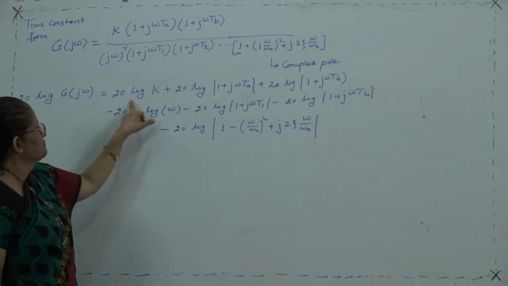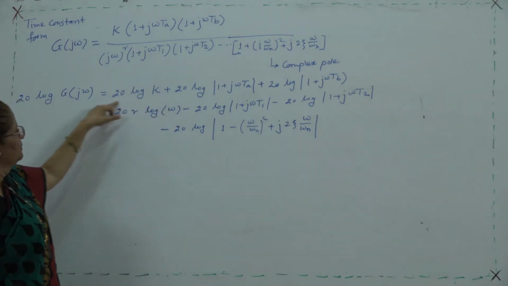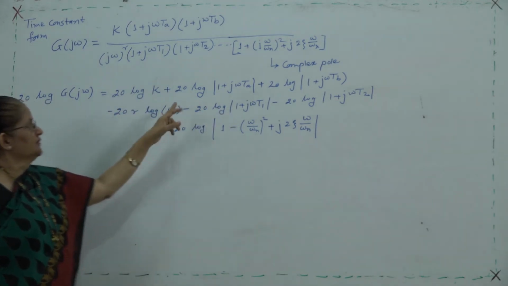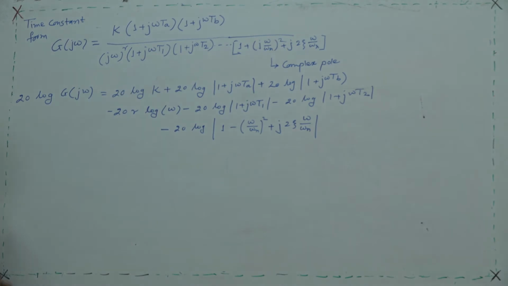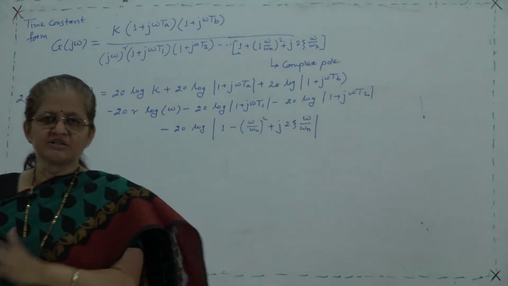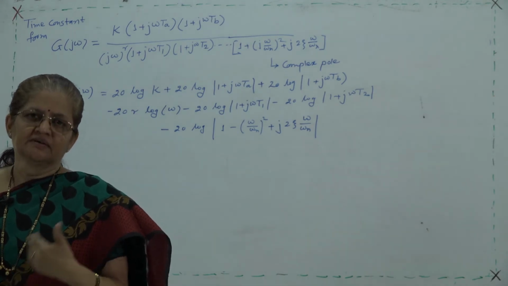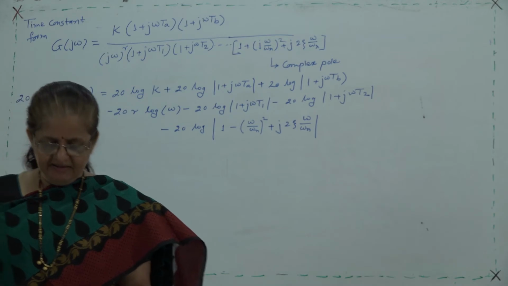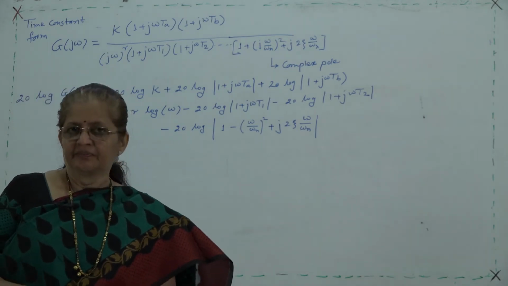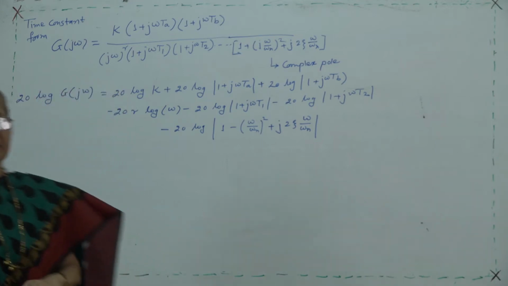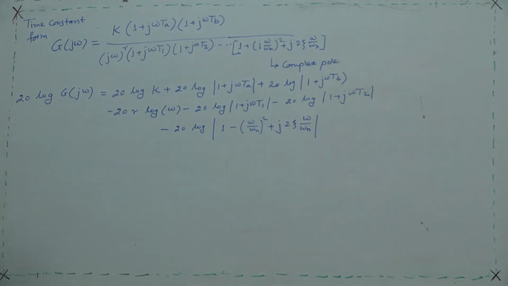You can see separately what is the Bode plot for 20 log of K, separately what is the plot for 20 log of 1 plus j omega Ta, and then combine it. So, separately for each term you see what the Bode plot is, and then combine it together. That is the main advantage.